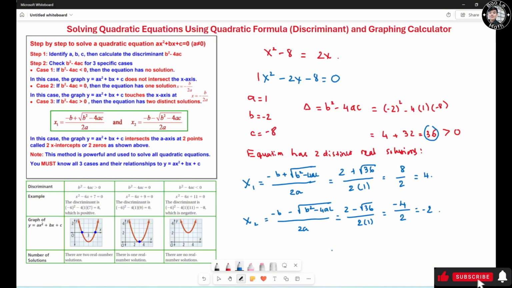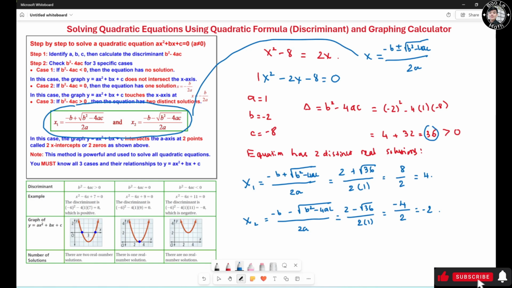Now, sometimes they're going to combine these two formulas into one, like this: S equals negative b plus and minus the square root of b squared minus 4ac over 2a. So you need to split this one into two formulas. Keep that in mind.